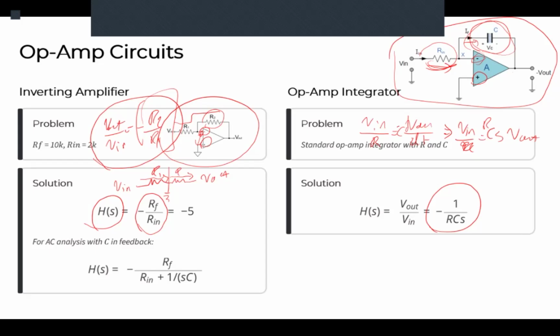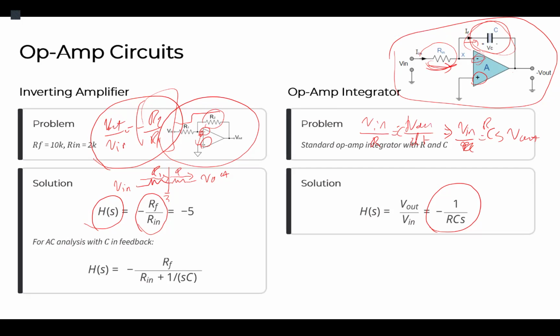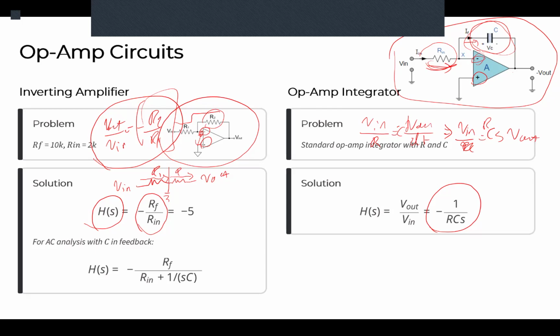Is that clear? How we run that analysis? The op-amp doesn't drain any current, so whatever current goes through the resistor is the same current that goes through the capacitor. This voltage is 0, so the voltage across the capacitor is minus V out.